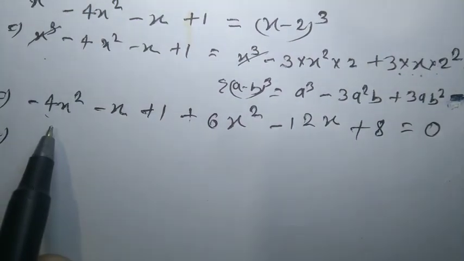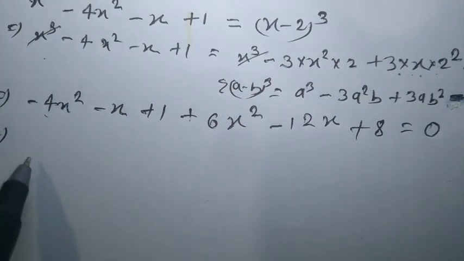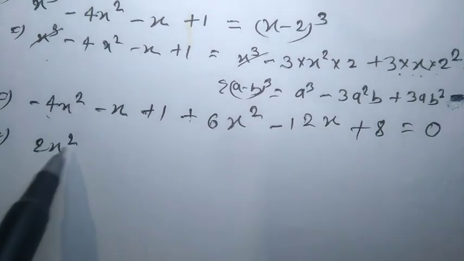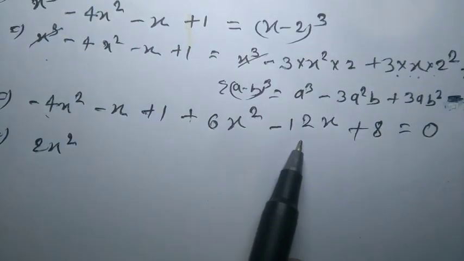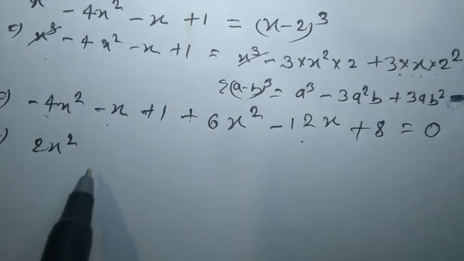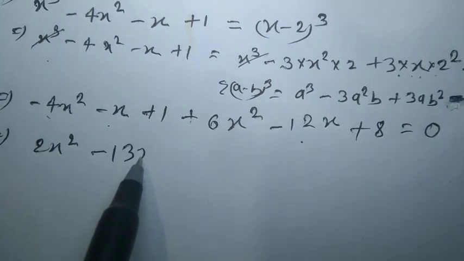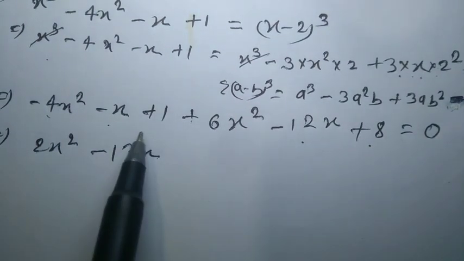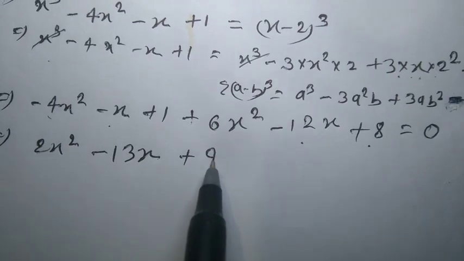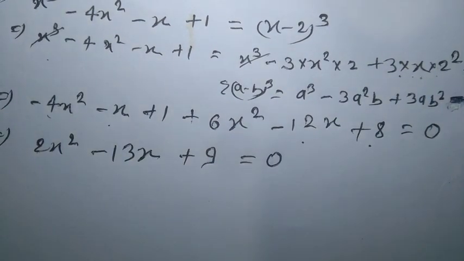Implies 6x square minus 4x square is equal to 2x square, minus 12x minus 1x is equal to minus 13x. Okay, 8 plus 1 is plus 9, is equal to 0.